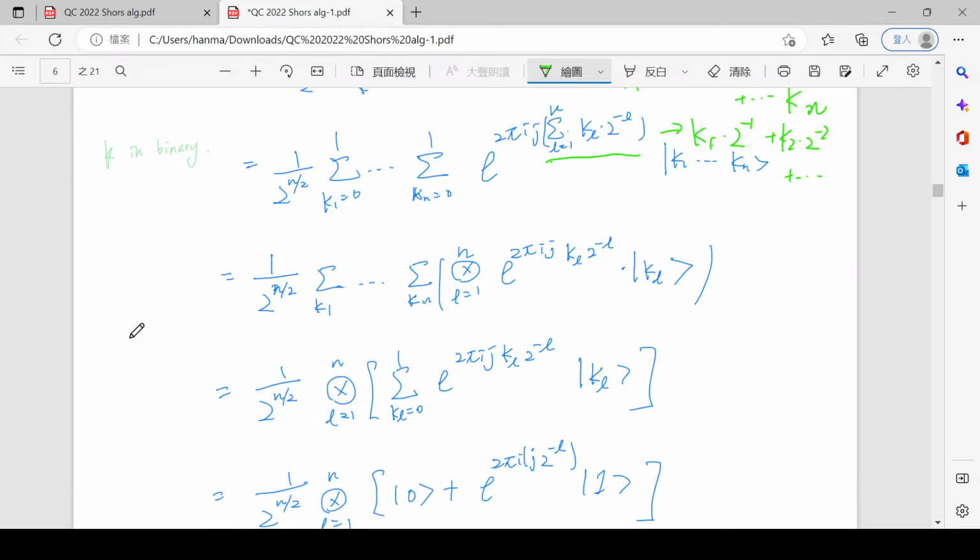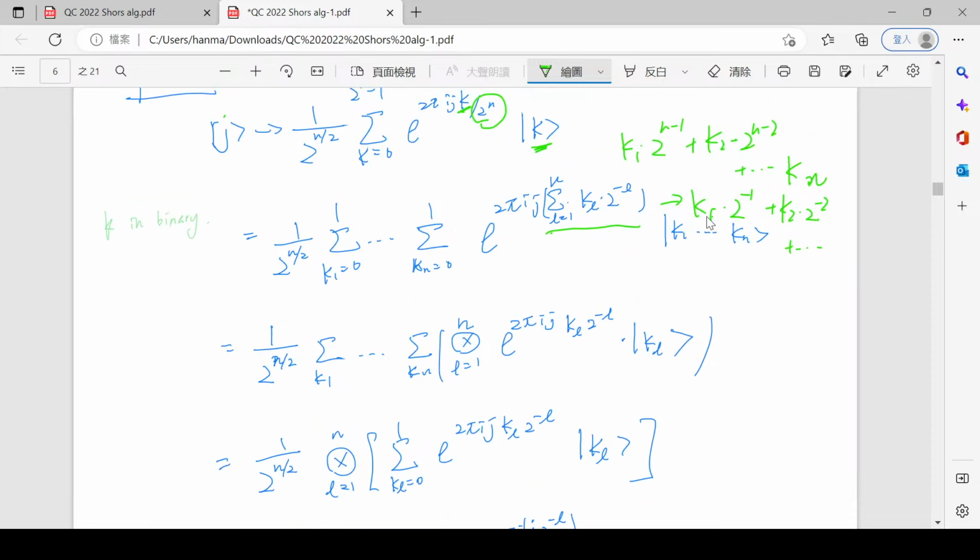And then we break this thing up, because this is a sum in the exponent. You can just replace it with a product, right? So the sum in the exponent, we break it up into this product of factors, and we further break this up into tensor products. This k1, k2 to kn is really the first qubit k1 tensor the second qubit k2 tensor and so on up to qubit kn.